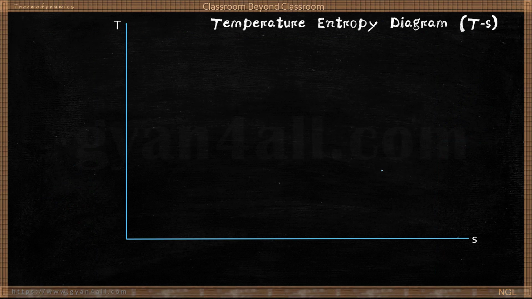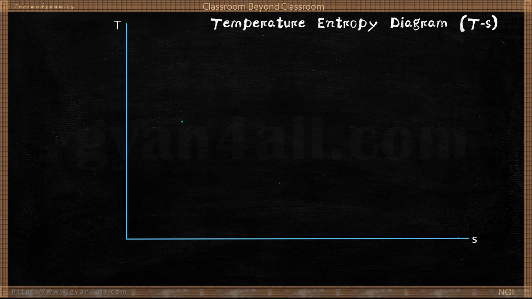So consider a TS diagram, that means temperature entropy diagram. So the same thing we are going to discuss. Suppose we have a quantity, say 1 kg of water at 0 degree centigrade. Temperature may be 0 degree, but we consider the pressure to be atmospheric pressure. Remember, I am telling atmospheric pressure.